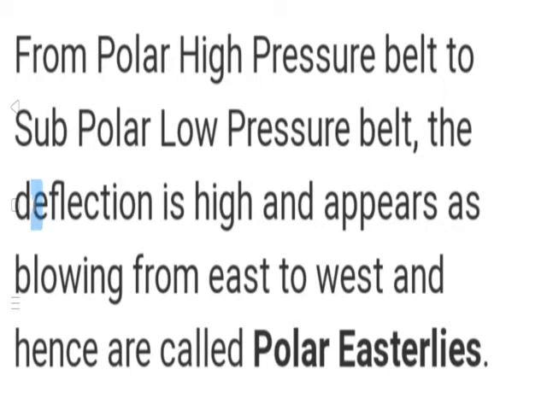The thermal equator, commonly known as the belt of highest temperature, also shifts northwards and southwards of the equator. With the shifting of the thermal equator northwards in summer and southwards in winter, there is also a slight shift in pressure belts towards north and south of their annual average location.